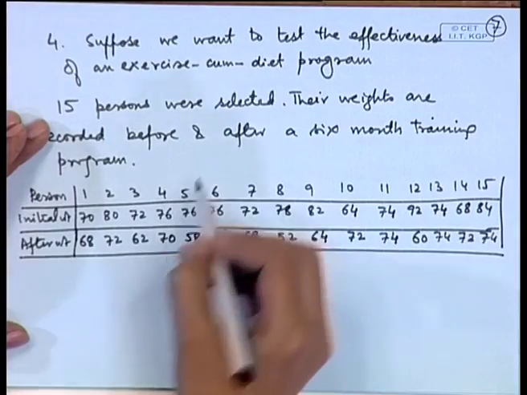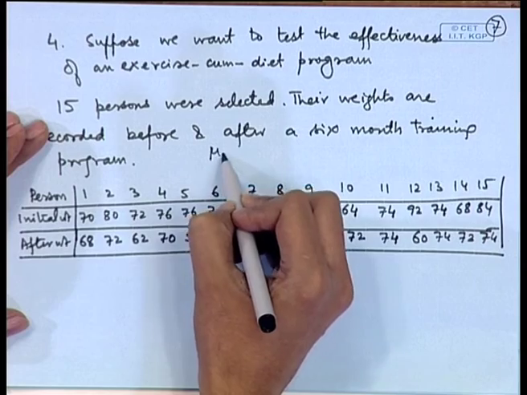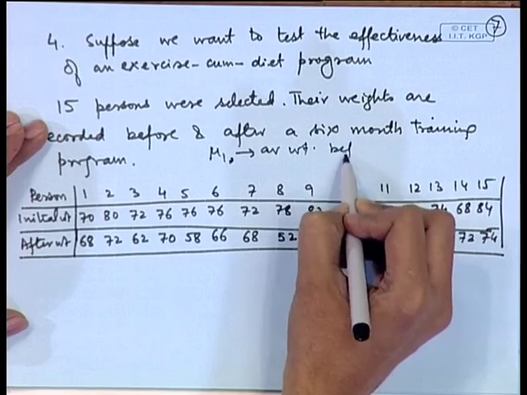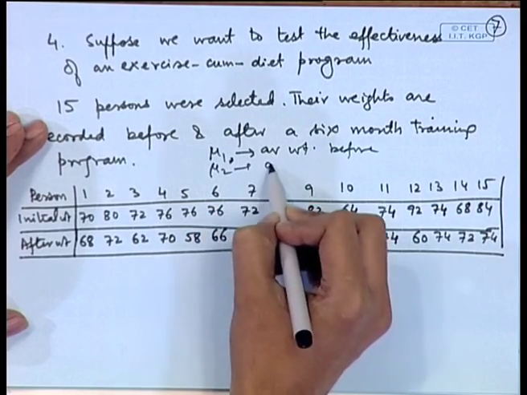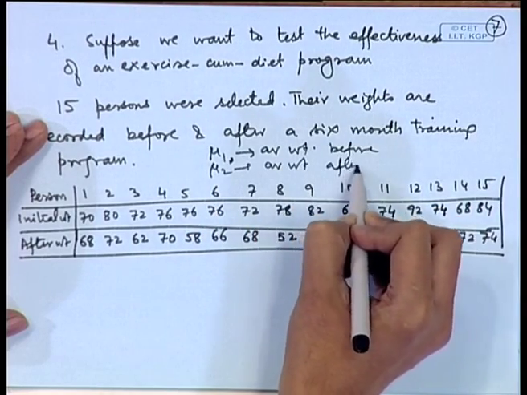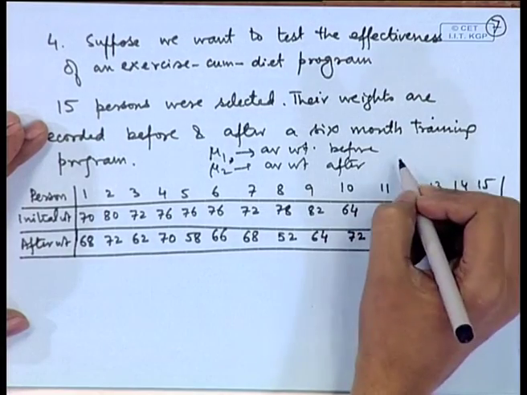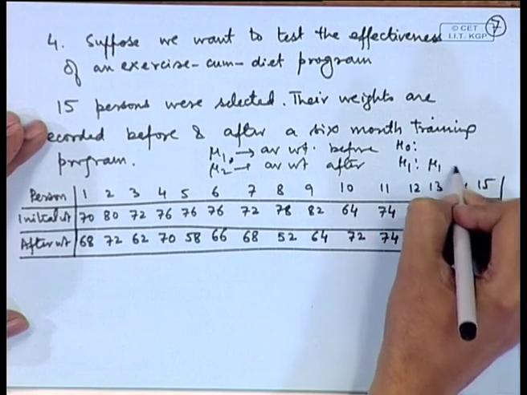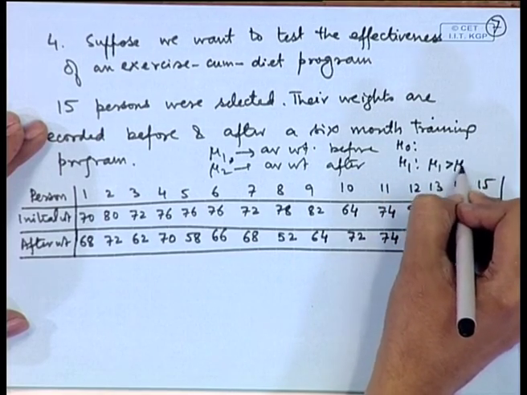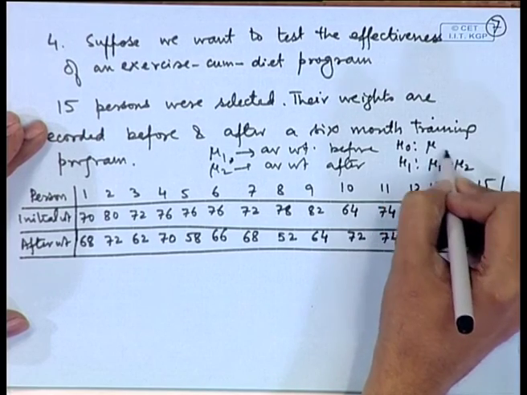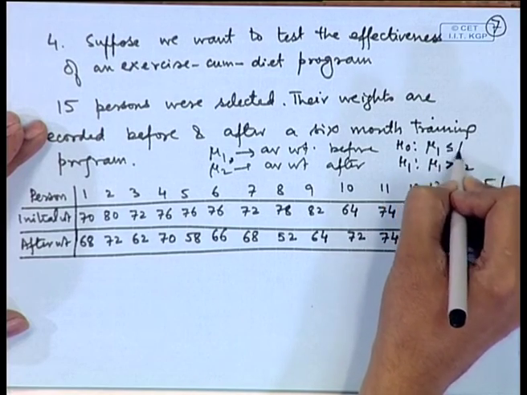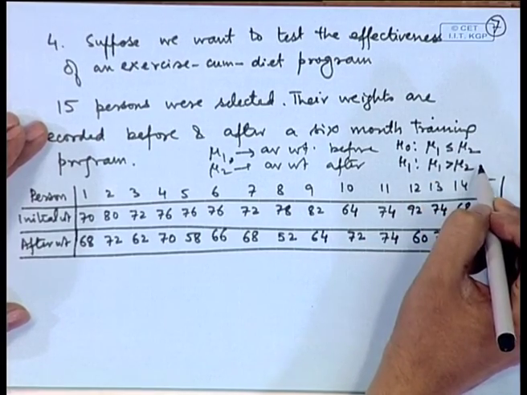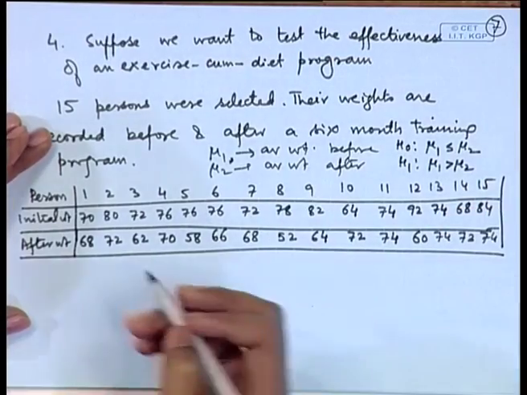We want to test, suppose I say mu 1 and mu 2, where mu 1 is the average weight before and mu 2 is the average weight after the training program. We may be interested to test whether mu 1 is greater than mu 2. We put this as the hypothesis in the alternative, which we actually want to establish: mu 1 is less than or equal to mu 2 against mu 1 is greater than mu 2.